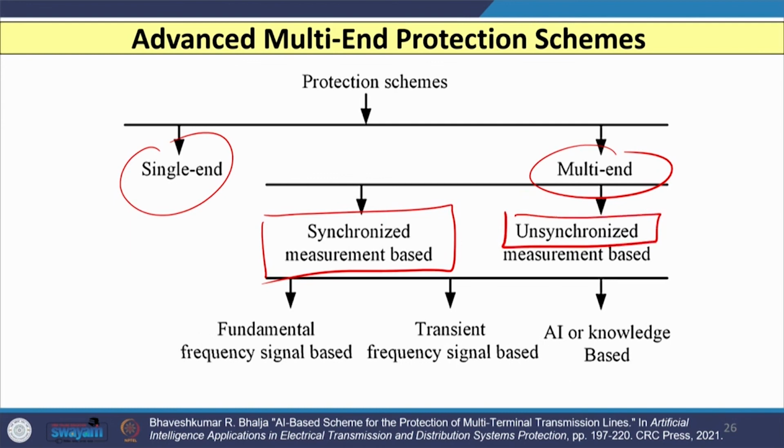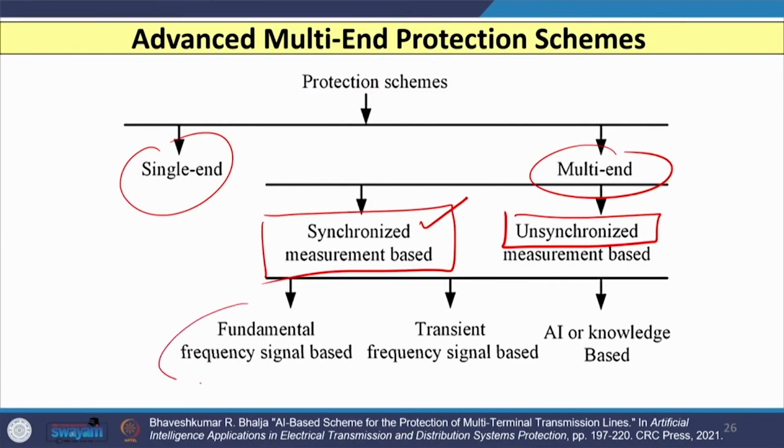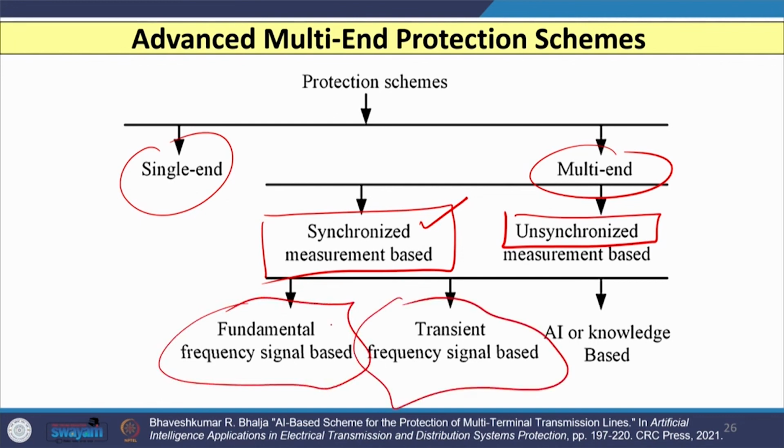Normally, unsynchronized measurement does not require any synchronization or any data from the remote end. However, nowadays only synchronized measurement based schemes are widely used, and these schemes are based on either fundamental frequency signals, or transient signals, or pattern recognition, or travelling wave based schemes. Such types of schemes are also available.